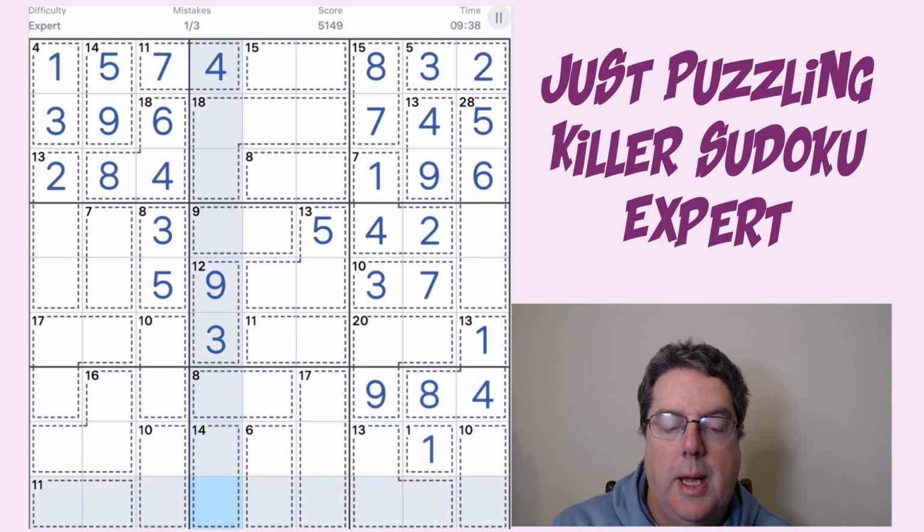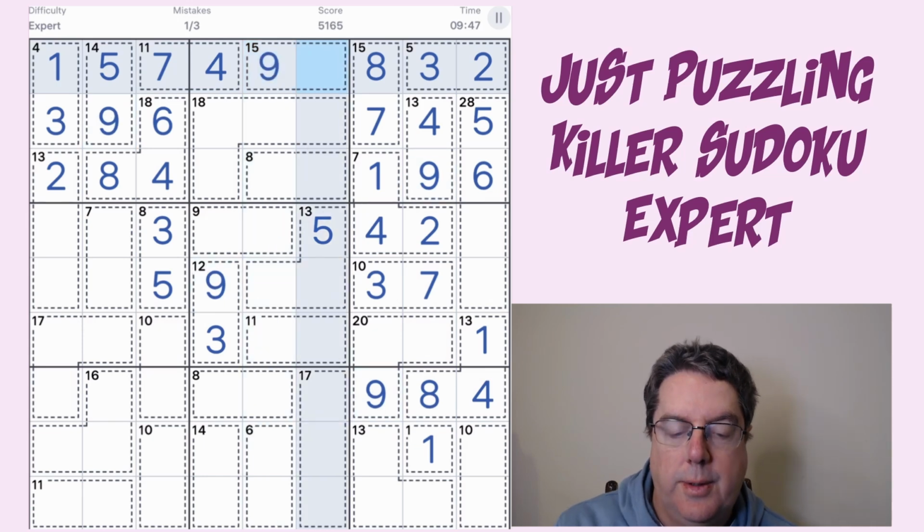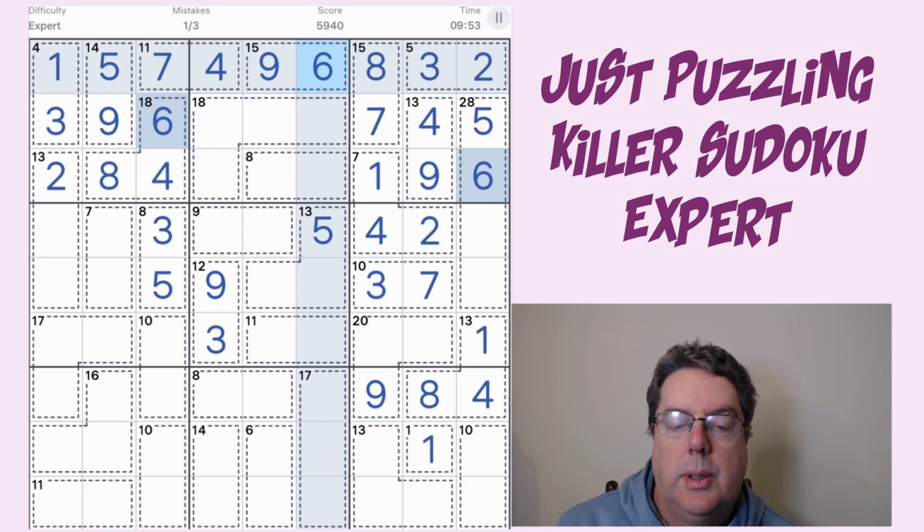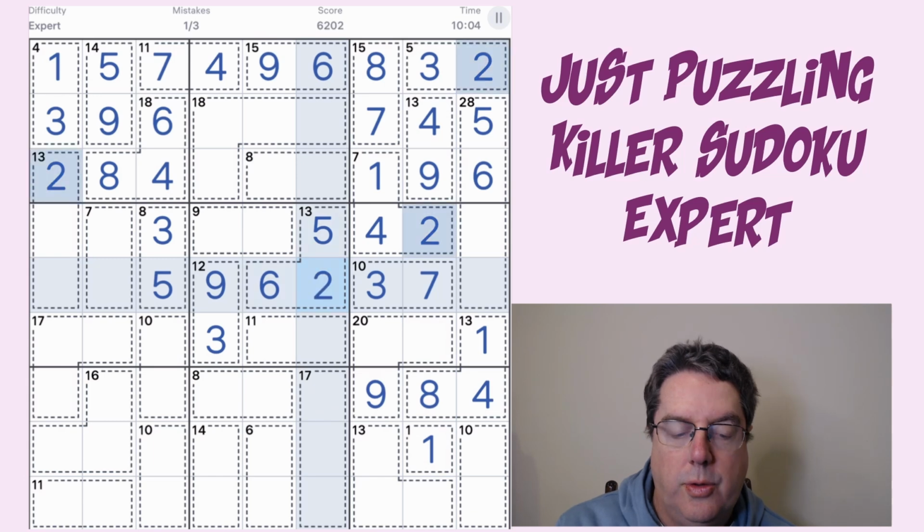So if I'm saying that's a 9, because it has to be, so that's a 9 there, which means that's a 9 up here, and that's a 6. 6 and 5 doesn't work. 6 and 3 doesn't work, so this is 6 and 2 here. Because of that, that's a 6, that's a 2.